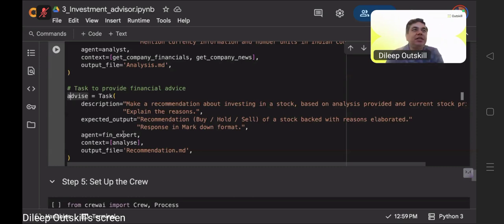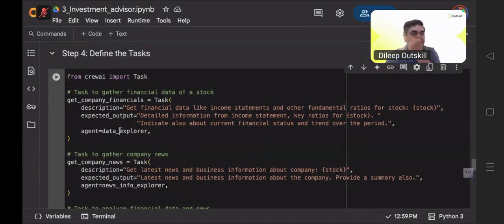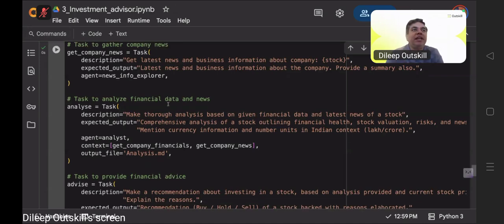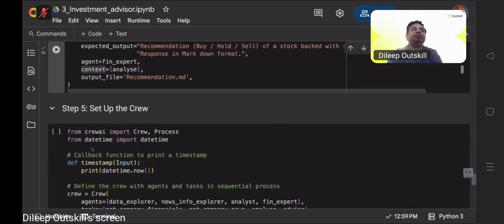So for each task, we have to define the agent before, and then define the particular task. So my tasks are now defined, and the dependency between tasks is defined through context. Based on context, I will know which agent should run first and which should run later.